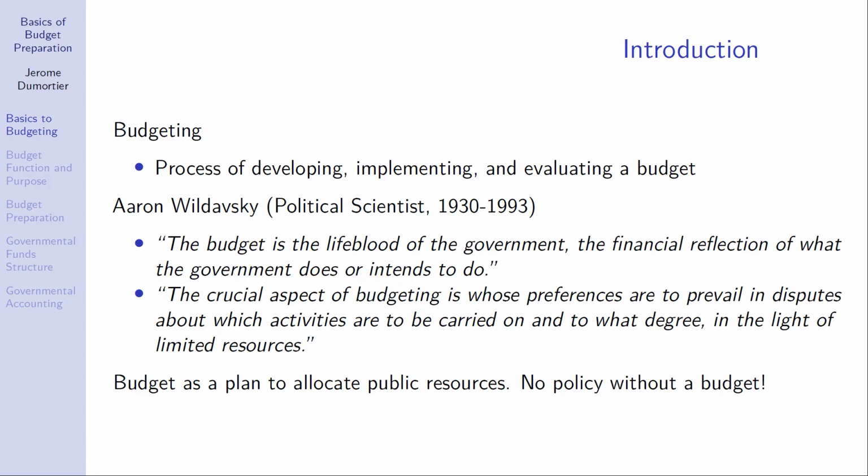The second quote states that the crucial aspect of budgeting is whose preferences are to prevail in disputes about which activities are to be carried on and to what degree, in light of limited resources. So think of budget as a plan to allocate public resources. You will see that there is no policy without a budget.